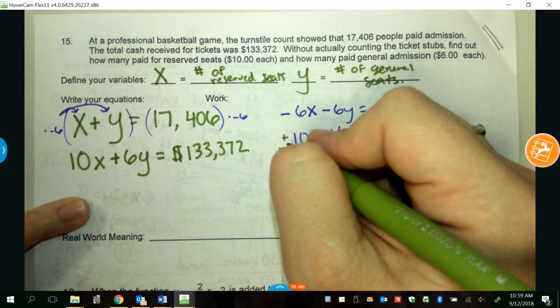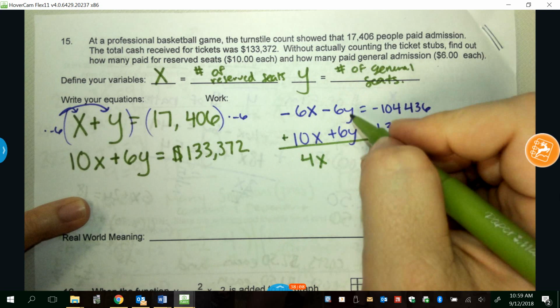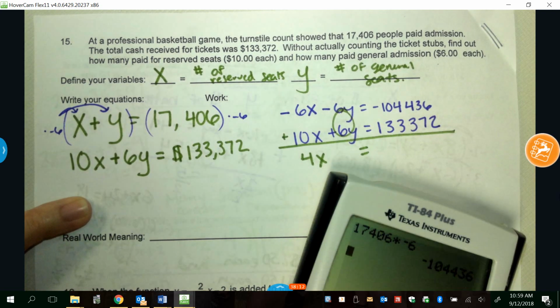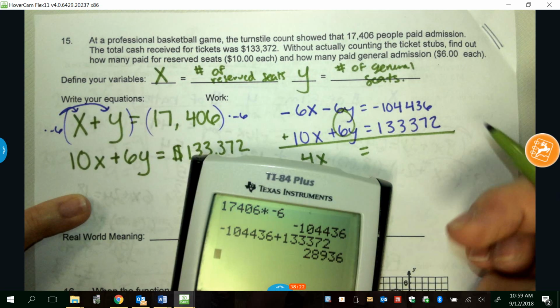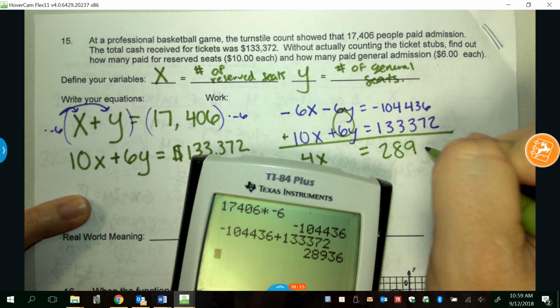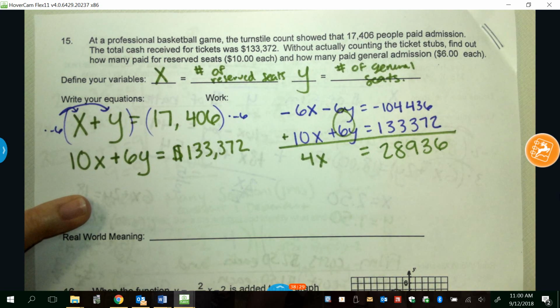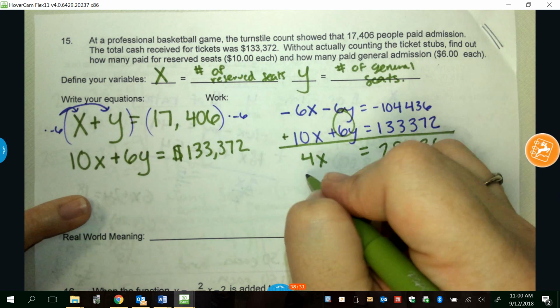Negative 6x plus 10x is 4x, negative 6y plus 6y is 0, and I'm going to use my calculator for this. Negative 104,436 plus 133,372 is 28,936.